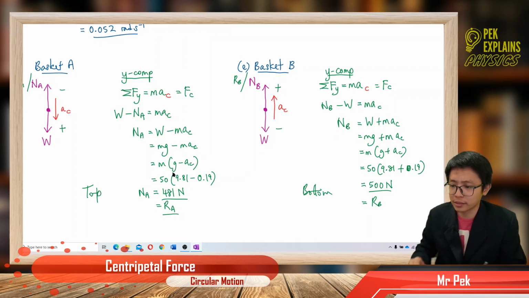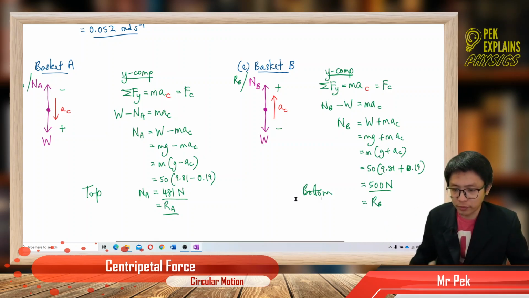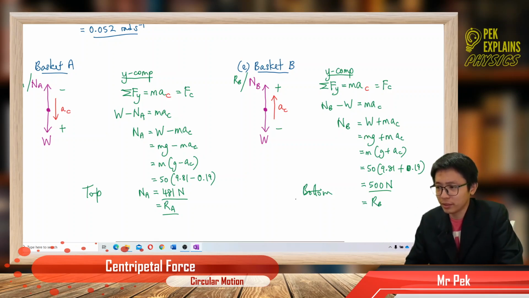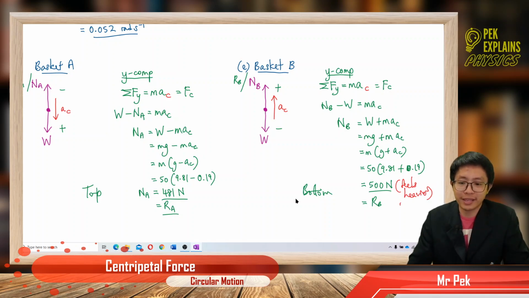So at the bottom, the normal force is bigger. At the top, the normal force is smaller. What does it mean? At the bottom, the person feels heavier, more attached to the seat.